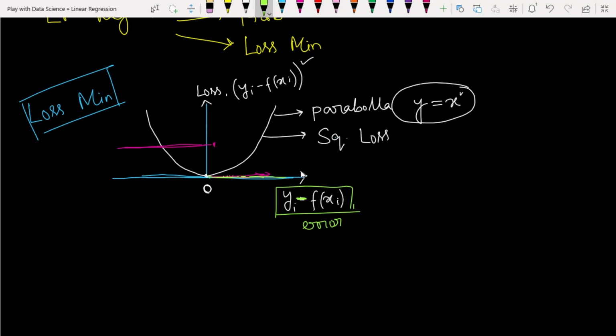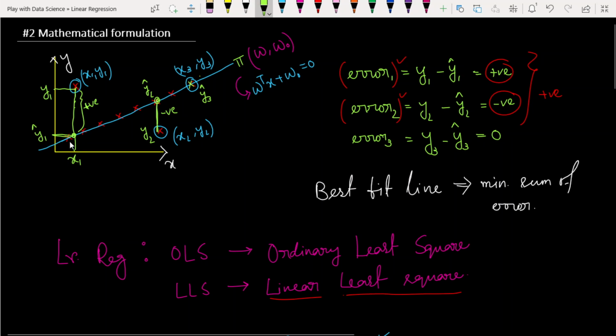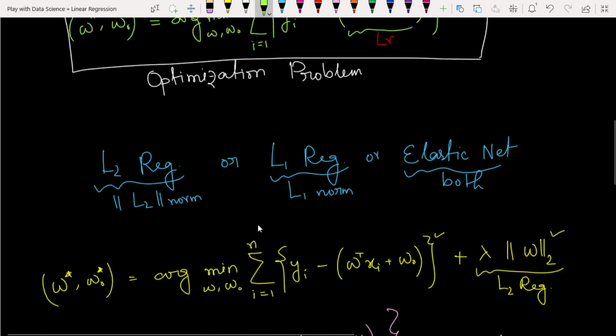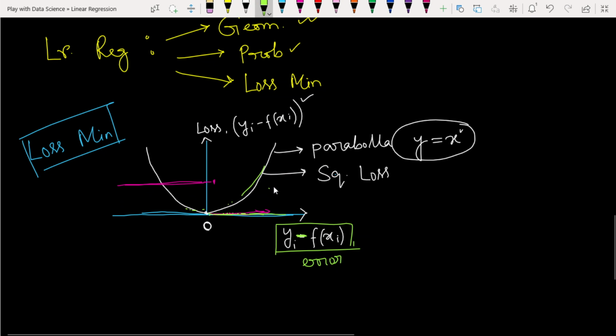If the error increases positively or negatively, the square term increases. Because of this, it is called the error term.